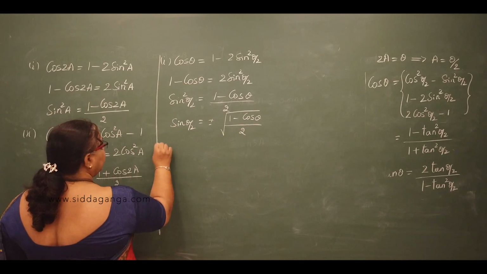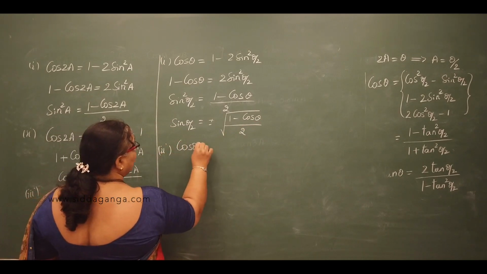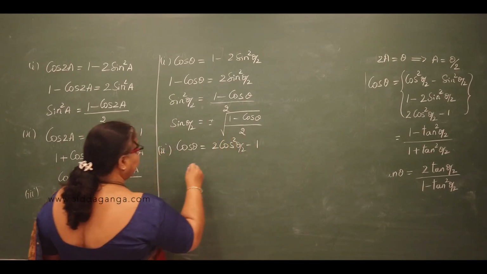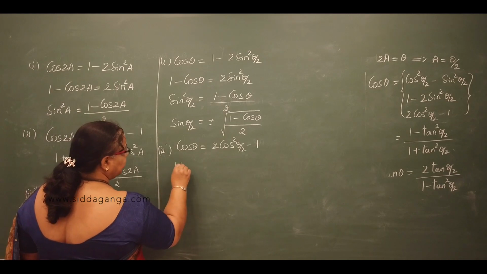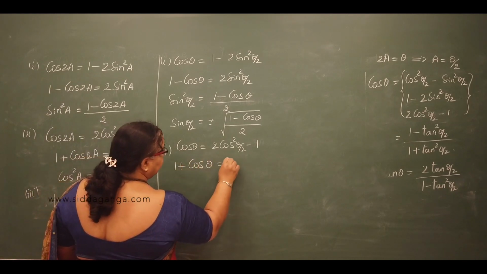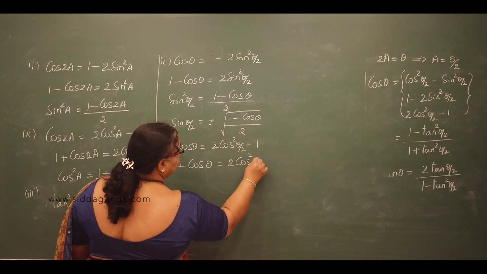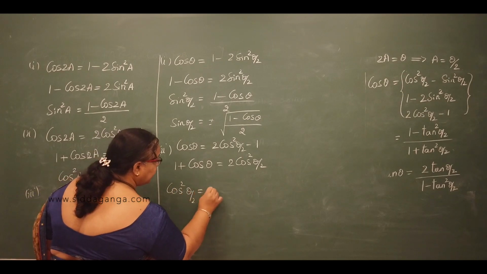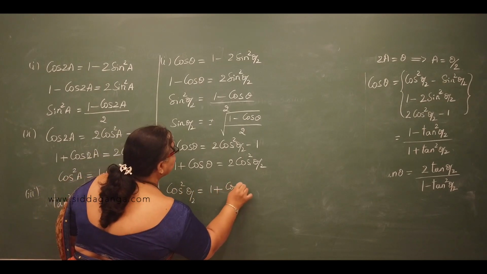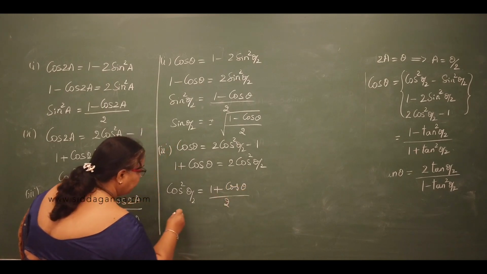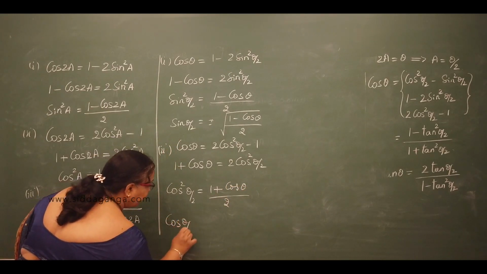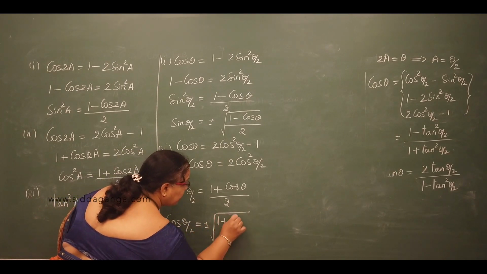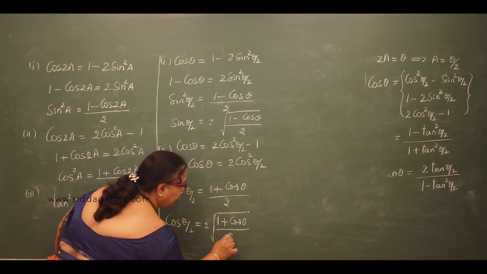Similarly, cos theta only in terms of cos ratio, that is 2 cos square theta by 2 minus 1. Then we get 1 plus cos theta equal to 2 cos square theta by 2. Therefore, cos square theta by 2 is equal to 1 plus cos theta divided by 2. So cos theta by 2 is equal to plus or minus root of 1 plus cos theta divided by 2.